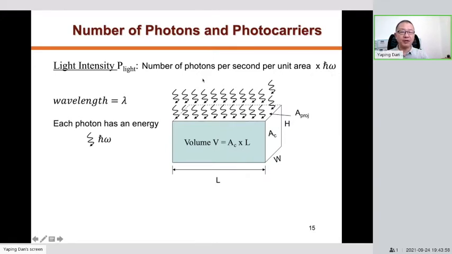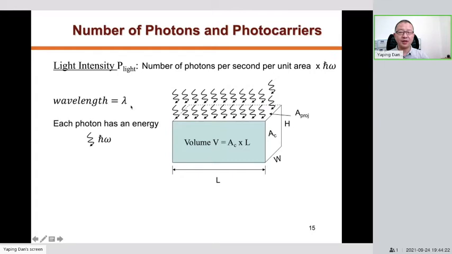If, for a given area, more photons pass through per second, then the light intensity is higher. If the photon energy is higher, meaning a shorter wavelength, then the light intensity is also bigger. That is the definition of light intensity.